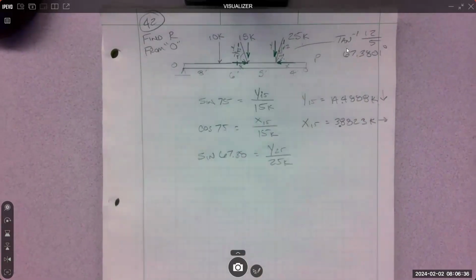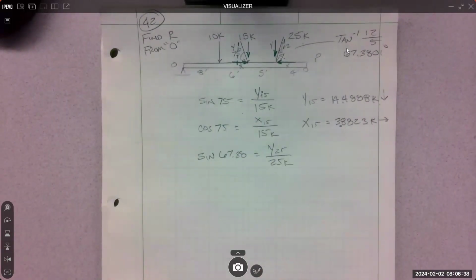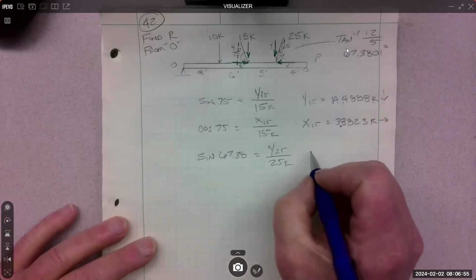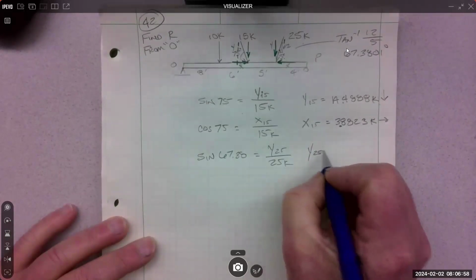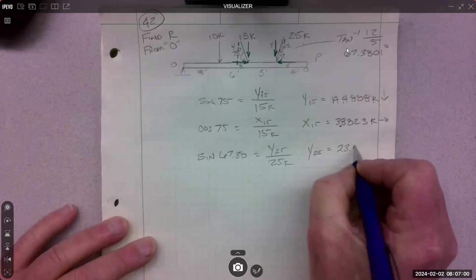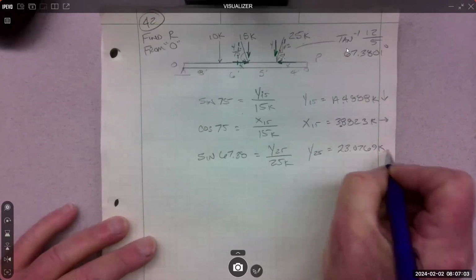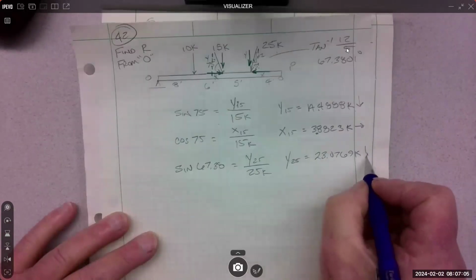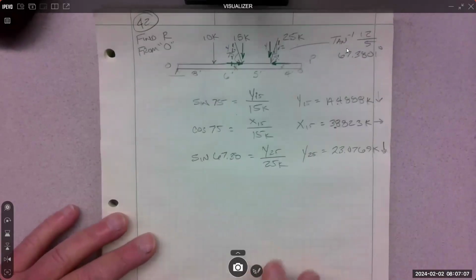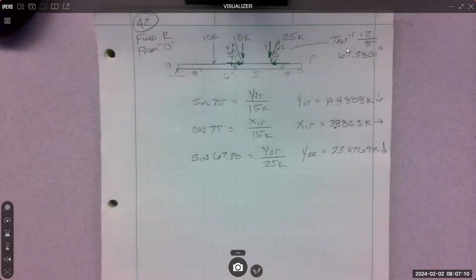So just finding those components of those angled forces first. That's 23.0769. That's down. It's the y component of the 25.